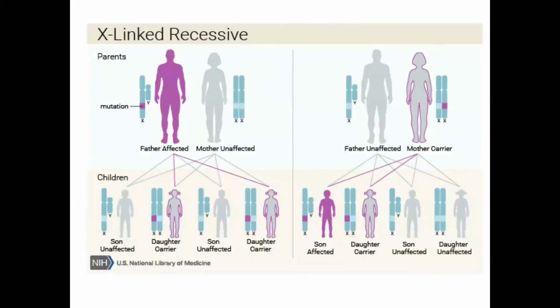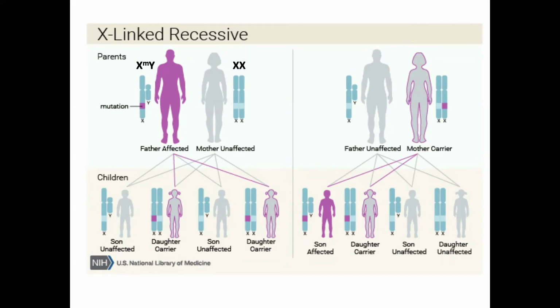This diagram shows how an X-linked recessive trait is inherited. Again, we show affected father and affected mother separately. If the father carries an X-linked mutation as a hemizygous, the father will show an affected phenotype. All right, so his X chromosome and Y chromosome are separated during meiosis.